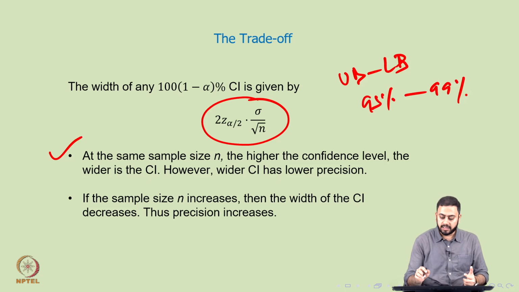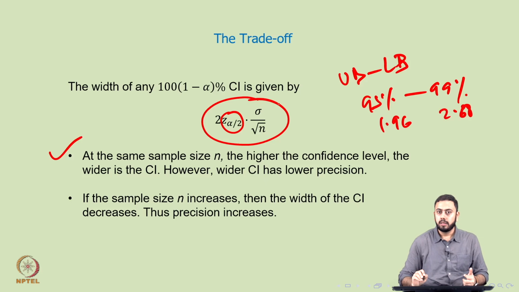And why is that? Because at 95%, Z alpha by 2 was 1.96, but a short while back I told you at 99% the same number is 2.68. So naturally the width would increase. If you change 1.96 to 2.68, my entire width would also increase.